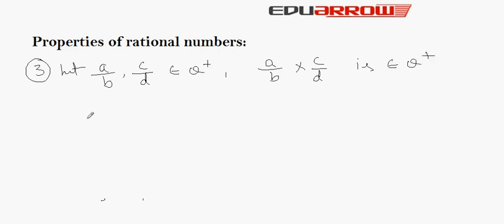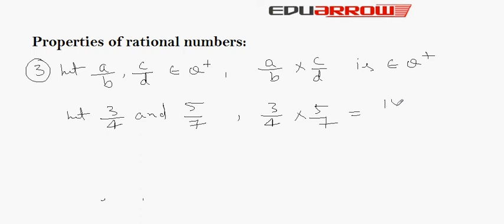For example, let 3 by 4 and 5 by 7 be two rational numbers, then their product 3 by 4 into 5 by 7, that is 15 by 28, that is also a rational number.